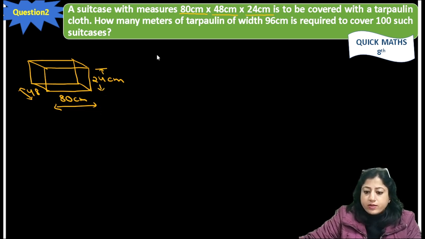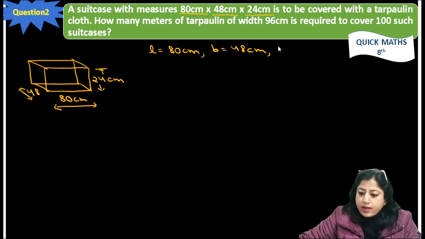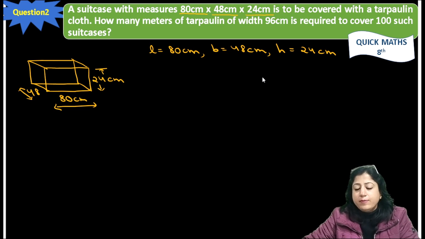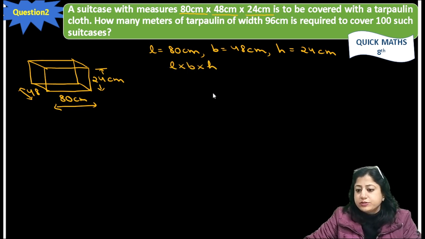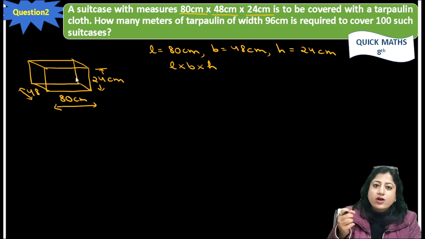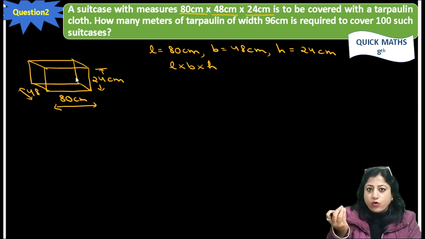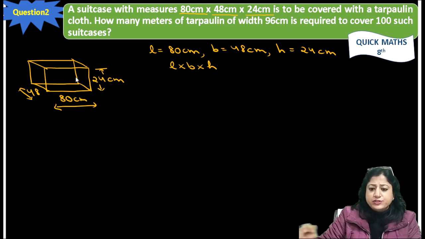LBH, in the form of L, B and H, is to be covered with tarpaulin cloth. There is a cloth of tarpaulin material to cover the suitcases. It is in hard form to protect it from outer damage.